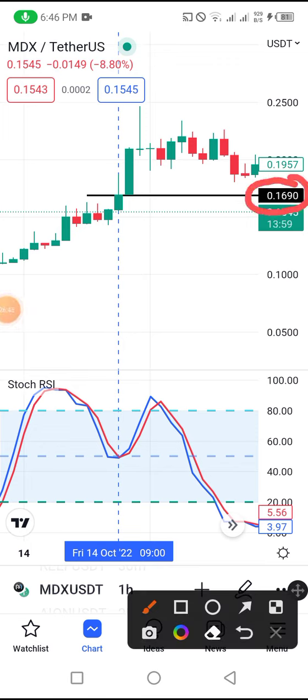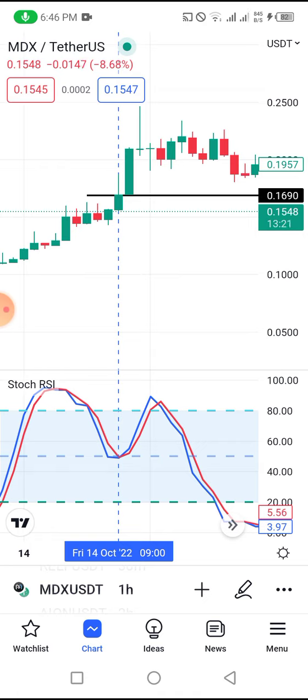So the takeaway for this recording is that you can use the stochastic to identify an area of value or an entry point in the market. One, identify a crossover where the blue line crosses over the red line and begins moving in that manner.